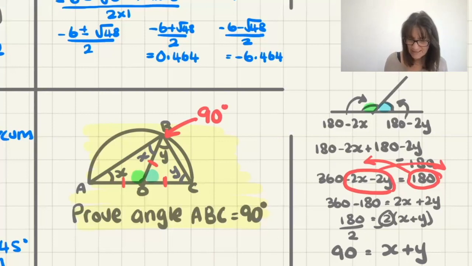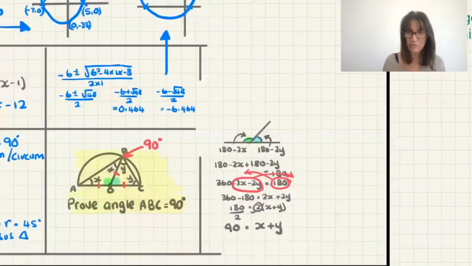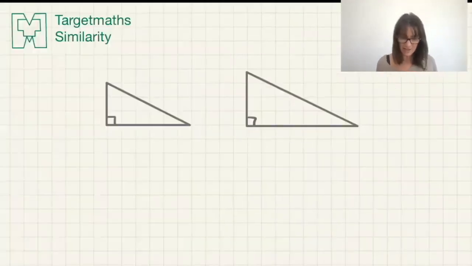All right, let's resize this page. Let's get into today's session, which is similarity. Similarity is something that you should already be aware of, especially when it comes to length.